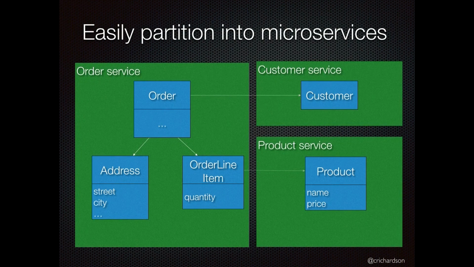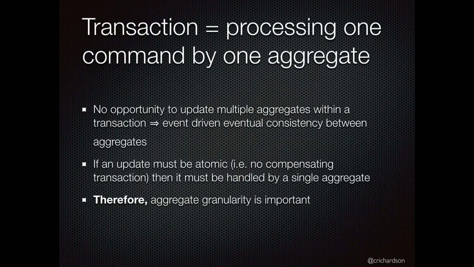It makes it very straightforward to do this partitioning, where the order service contains the order aggregate, the customer service contains the customer aggregate, and the product service contains the product aggregate. It's very straightforward to partition things up, which is fantastic because that's the whole point of microservices. So that's one thing. Then there's another really interesting rule, which is a transaction should only update one aggregate.